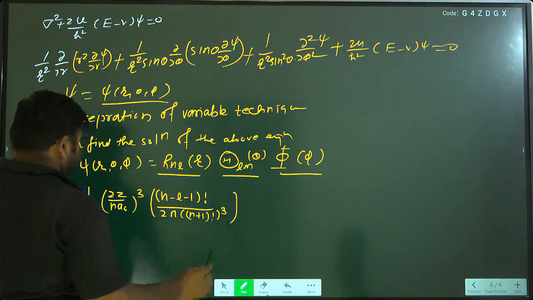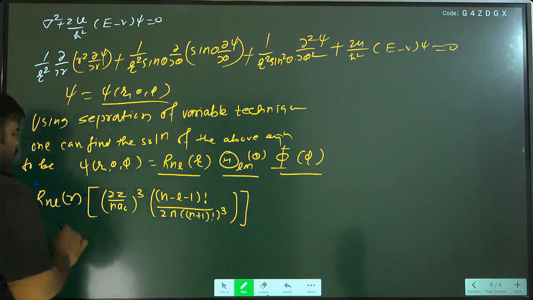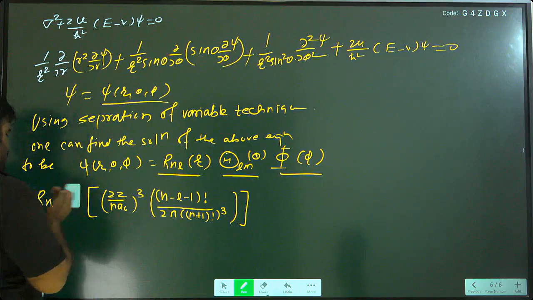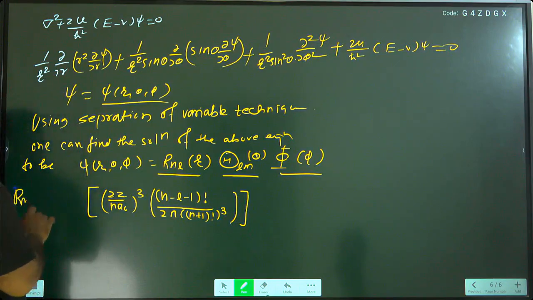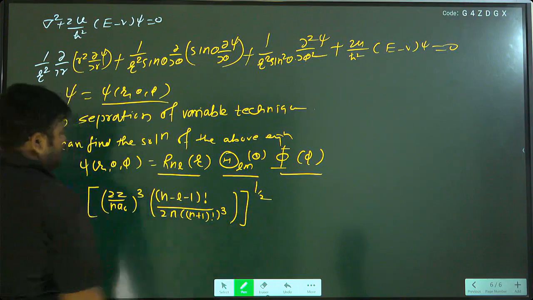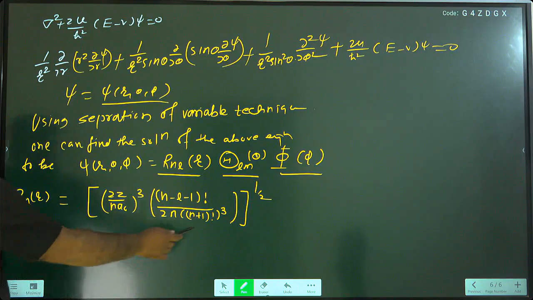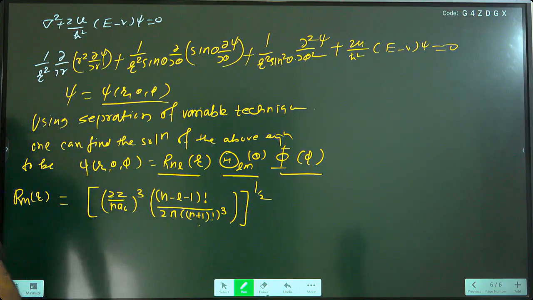Okay, and this bracket is to 1 by 2. R n l of r, okay, is equal to bracket is to how much? 1 by 2. अरे समझ में, 2z upon n a naught cube bracket is to 3 into n minus l minus 1 bracket complete factorial upon 2n into n plus l factorial bracket is to cube. ये जो क्यूब है ना, बस उसके लिए क्यूब है. This is for this one.